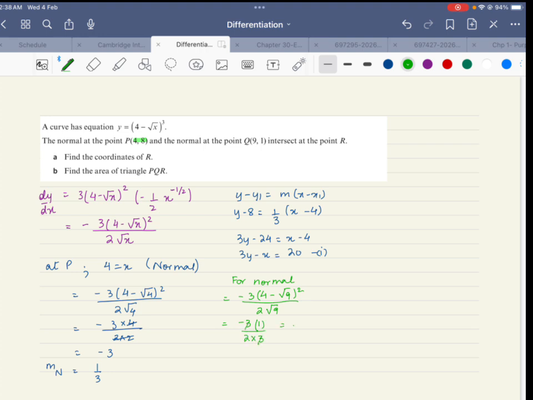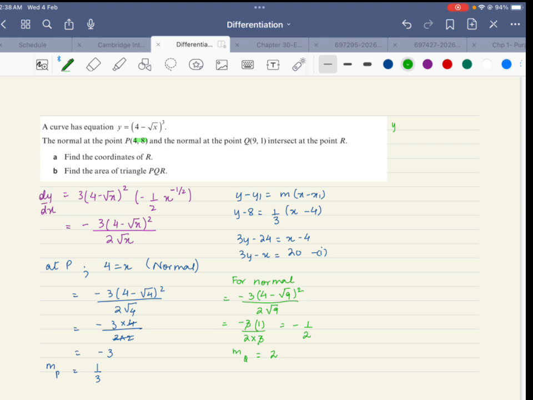This becomes minus 1 upon 2, but for normal we are going to use the gradient which is negative and reciprocal. So this was the gradient for point P, and now we are going to write the gradient for point Q, which will be equal to 2.